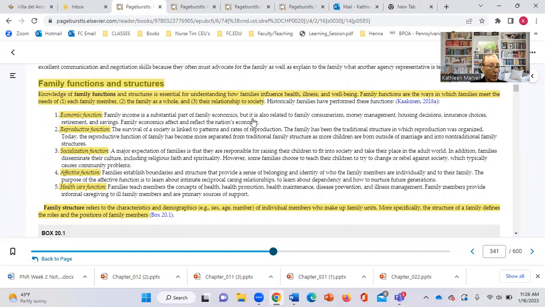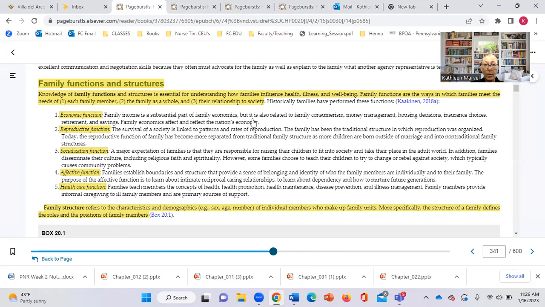One of the important things we need to know is what's the difference between family functions and family structure. Okay. There are some common family structures that are applicable to all families. Okay, families have performed within these 5 functions. Okay, so I've highlighted them for you.